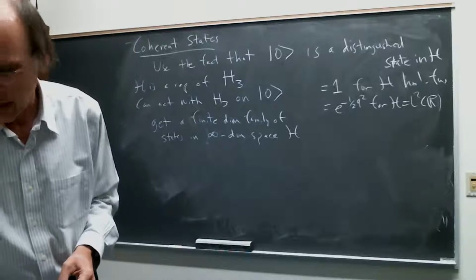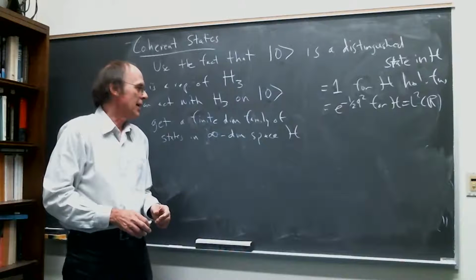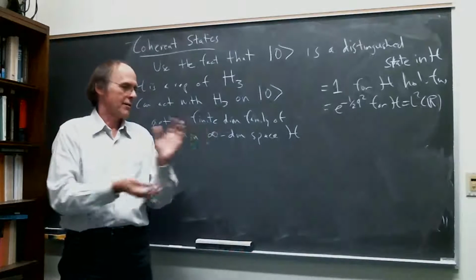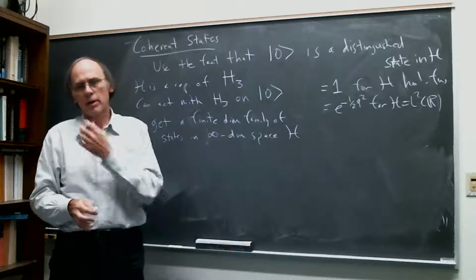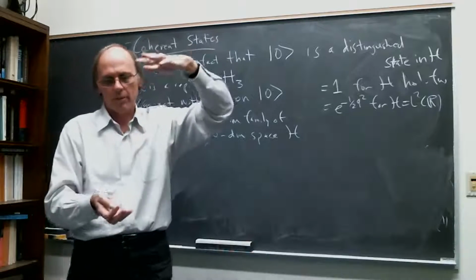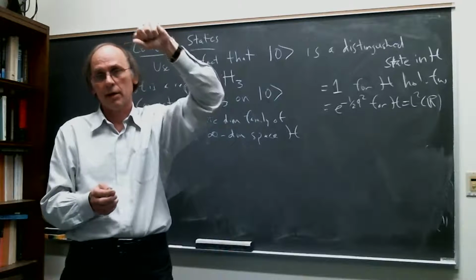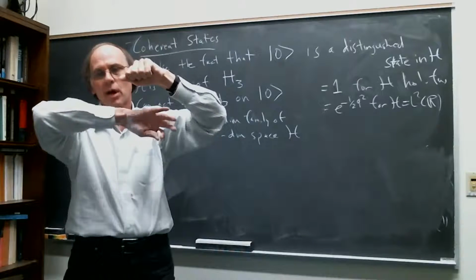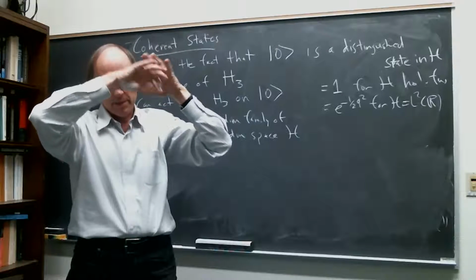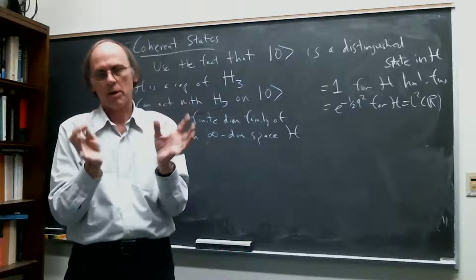You also find something similar happens if you're interested in representations of the spin group. In the case of the spin group, there's a distinguished state, which is the highest weight state, and if you act on the highest weight state by the spin group, you get a finite-dimensional family of very special kinds of states.